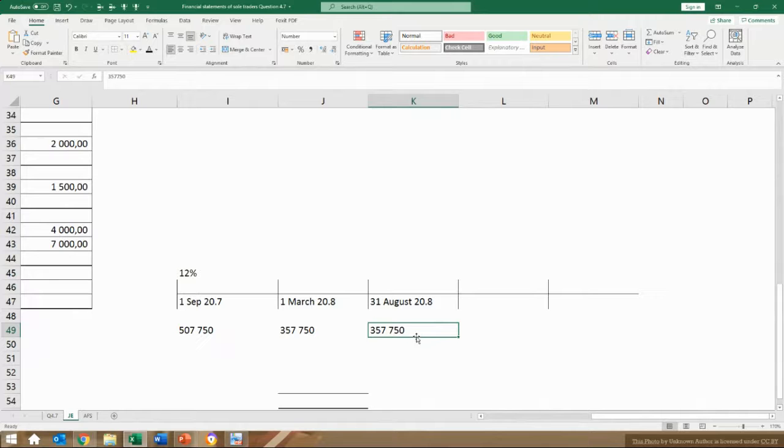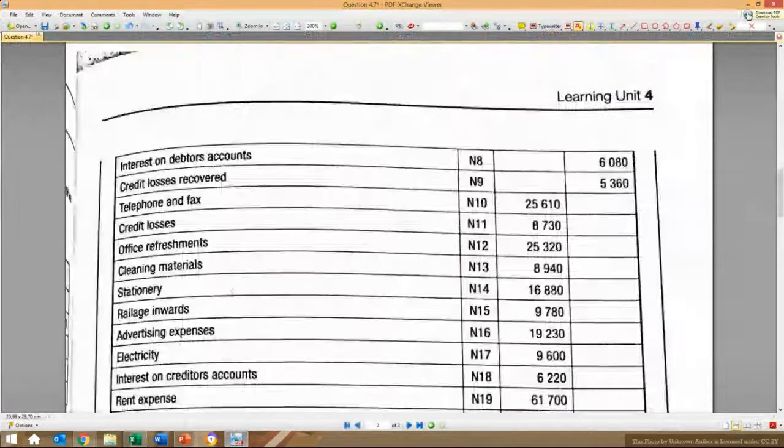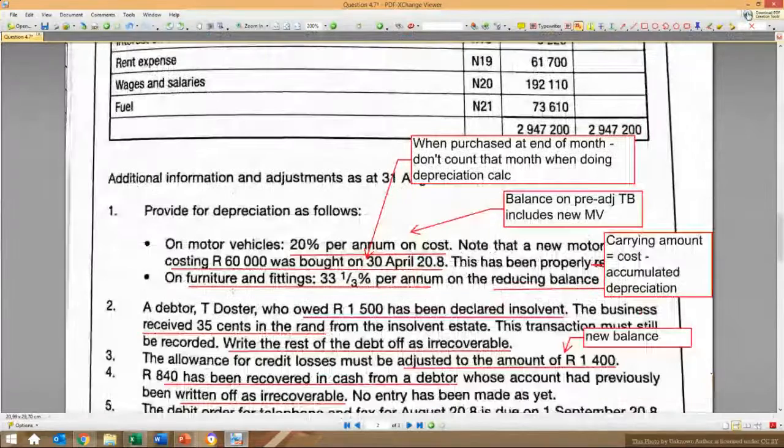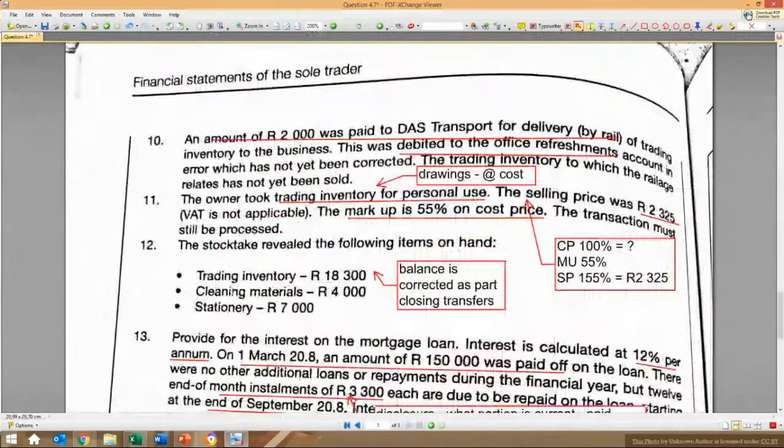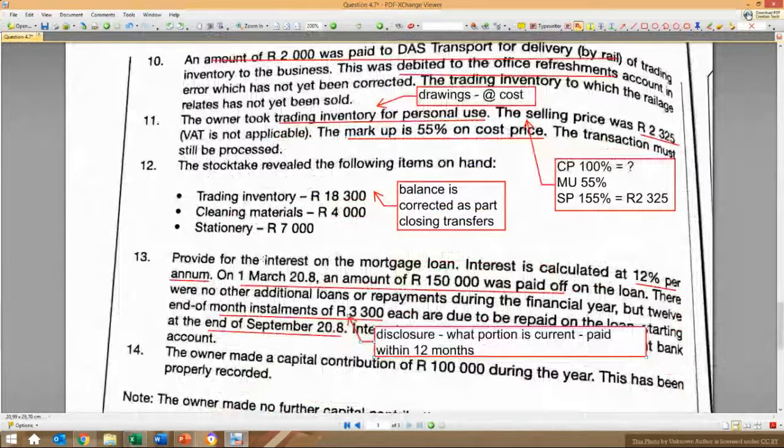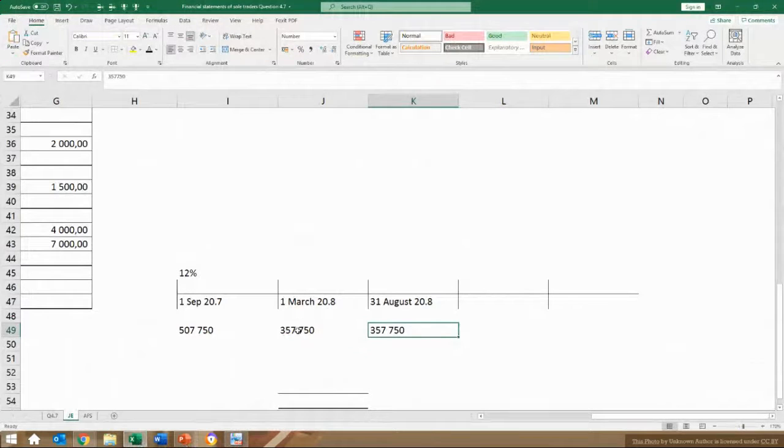Okay, so I account for it at the end of August. Now I know they made a repayment, based on the additional information, on the 1st of March. So on the 1st of March, directly after the payment, this amount would have been exactly the same. But before that date, it would have been 150,000 more.